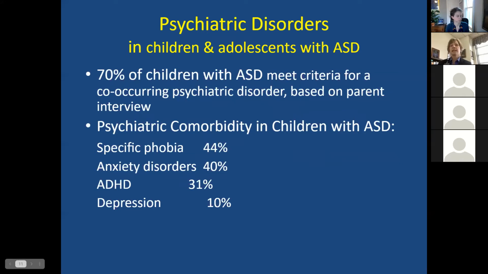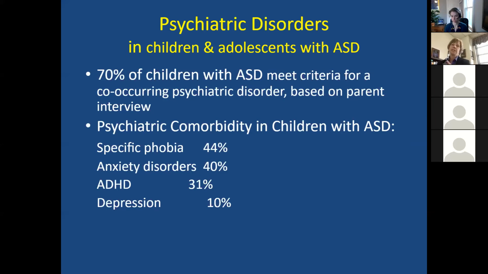So 70% of children with autism meet criteria for a co-occurring psychiatric disorder based on parent interview. And of those disorders, the anxiety disorders in children are the most common. Specific phobia and other types of anxiety disorders in the 40% range. ADHD, 31%.